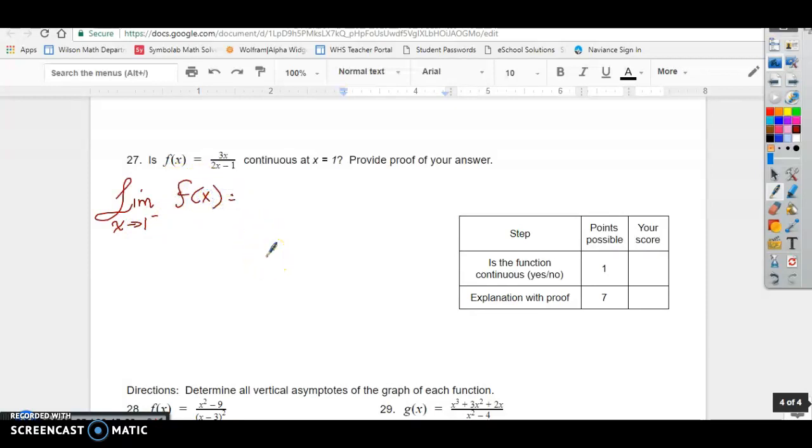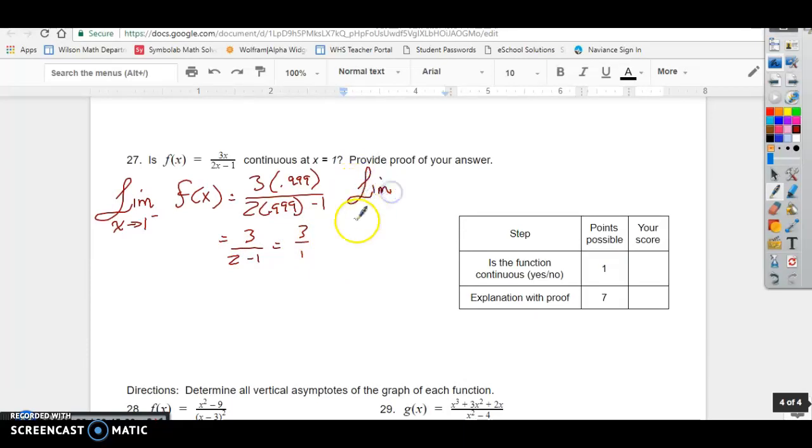Okay, so if I put in something like, sorry, I need 9s here, 0.999. This will be 2 times 0.999 minus 1. I just have to see if this is going to be undefined. So this is basically going to be 3 over 2 minus 1, which will be 3 over 1. So this is going to about 3.